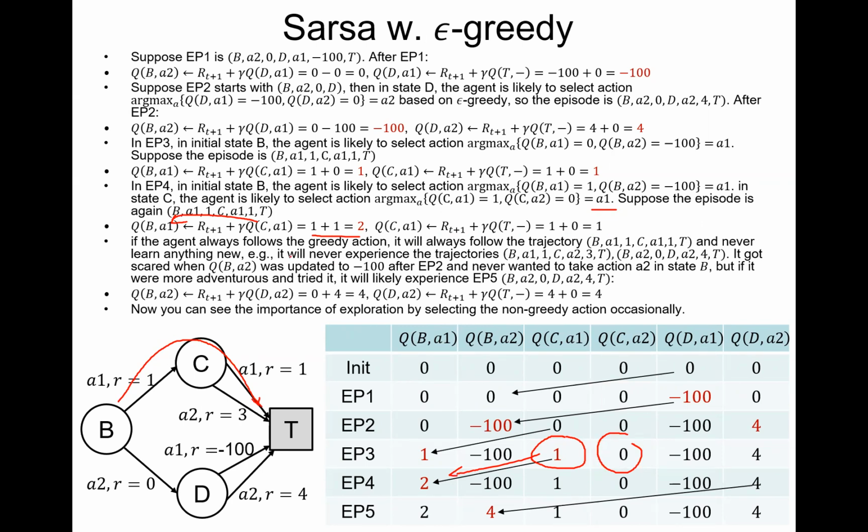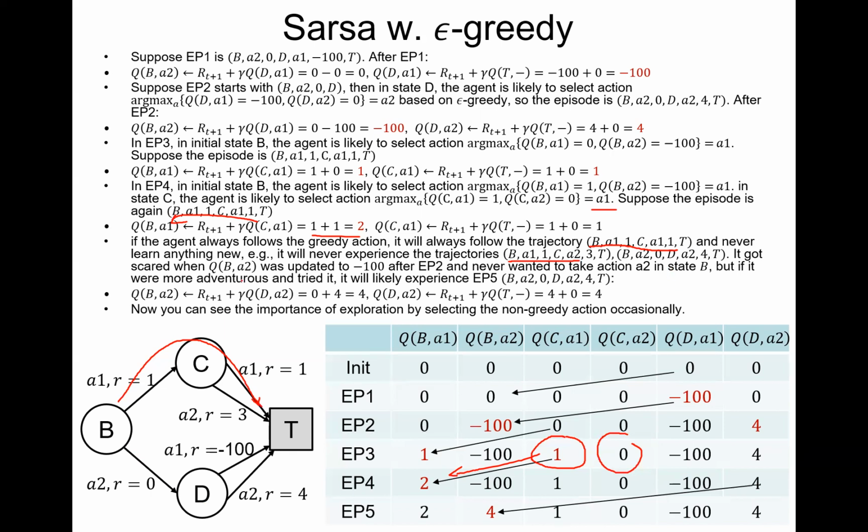So if the agent always follows the greedy action, it'll always follow the trajectory BA1, CA1, and never learn anything new. So it'll never experience the trajectories BA1, CA2, which has a higher reward of 4, or BA2, DA2, which has another high reward of 4.